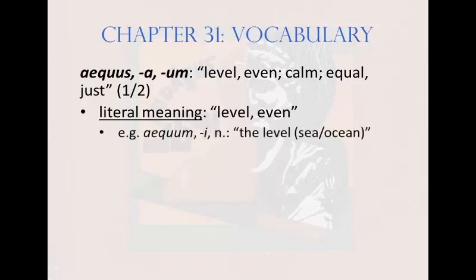Indeed, the Romans sometimes called the sea the aequum, the level thing, when of course it was being that way. Other times they used less positive language. Aequus also has a figurative sense, just or fair, in reference to things which are morally or ethically well balanced.